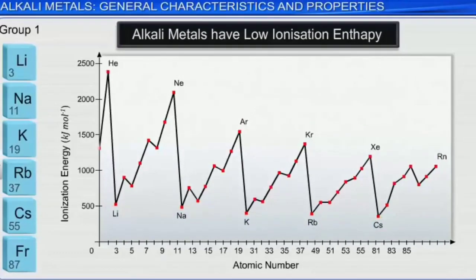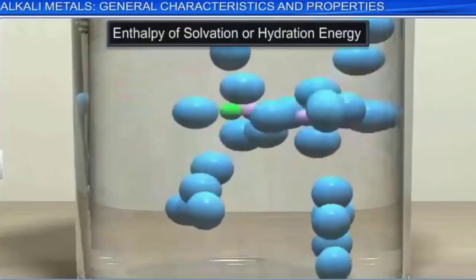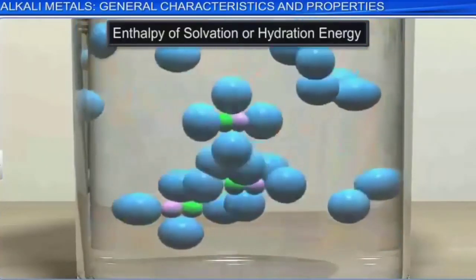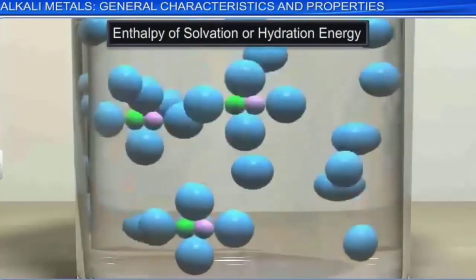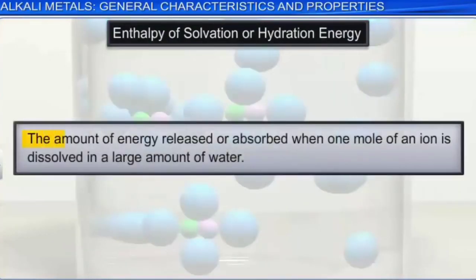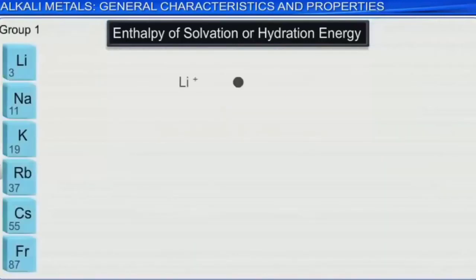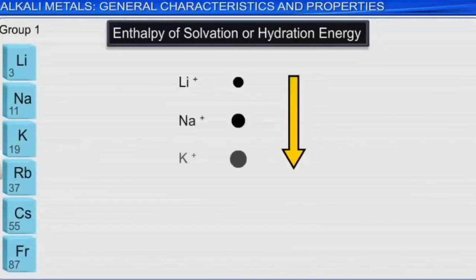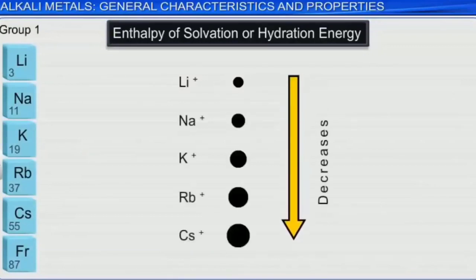Next property we have to study is hydration enthalpy. It is the amount of energy released or absorbed when 1 mole of a substance is dissolved in excess of water. Usually, the hydration enthalpy decreases with the increase in atomic size.